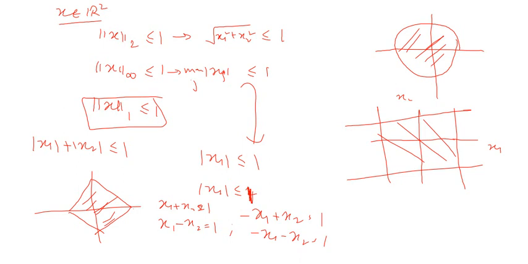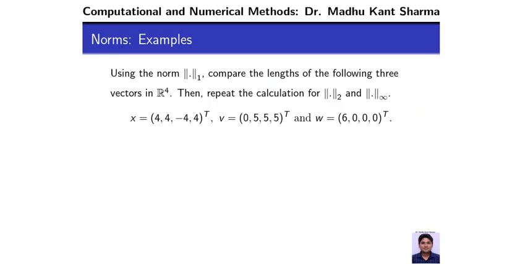Using the norm, let's take one example using norm 1. Compare the length of the following three vectors in R4, and then repeat the calculation for norm 2 and norm infinity. For norm 1 of x, it is the summation of magnitudes: 4 plus 4 plus 4 plus 4, that is 16.